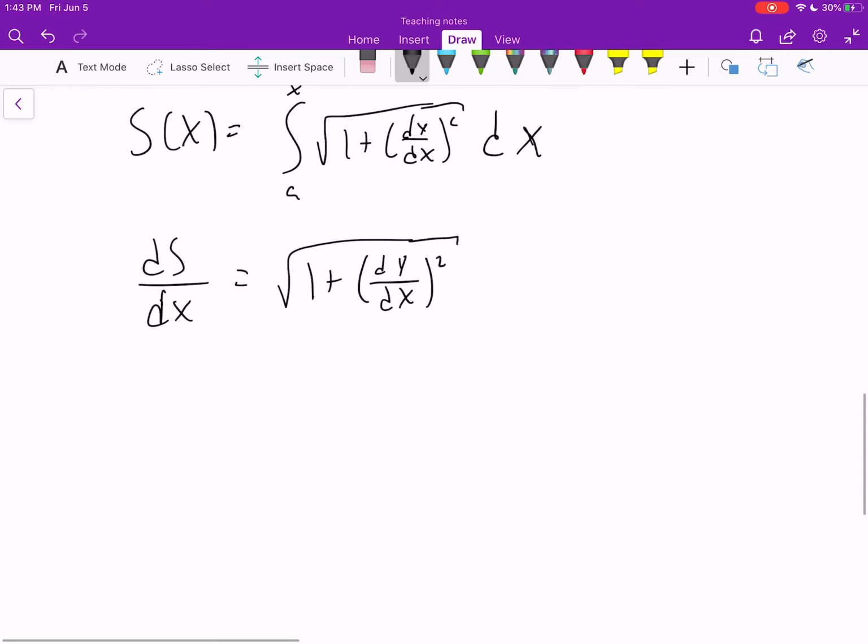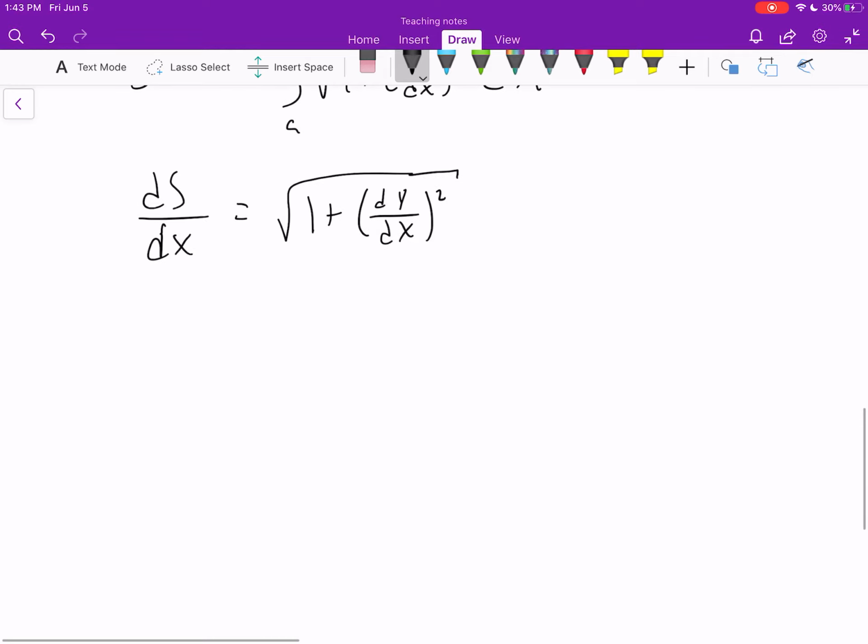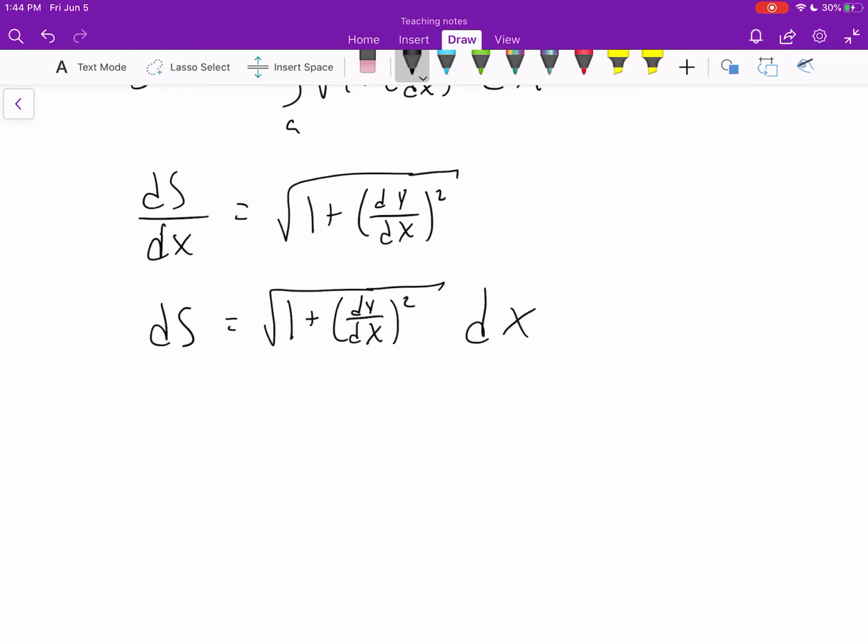And so from this, because I have ds/dx, I can figure out what the differential of s is. ds is then going to be the square root of 1 plus (dy/dx) squared dx.